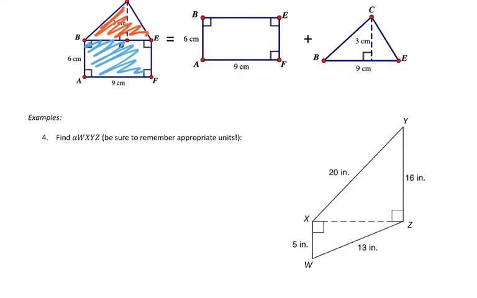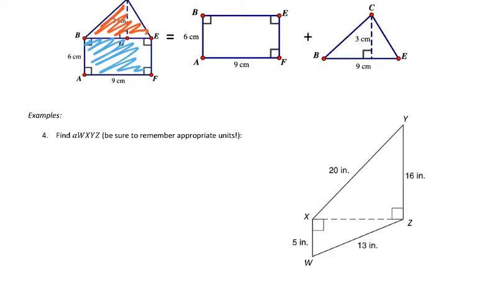Using that, let's find the area of WXYZ, remembering that we do need units in this piece. The area of WXYZ we would separate into pieces that we can easily see and work with. Maybe I'll separate it into this triangle here, the red triangle, and this blue triangle here.